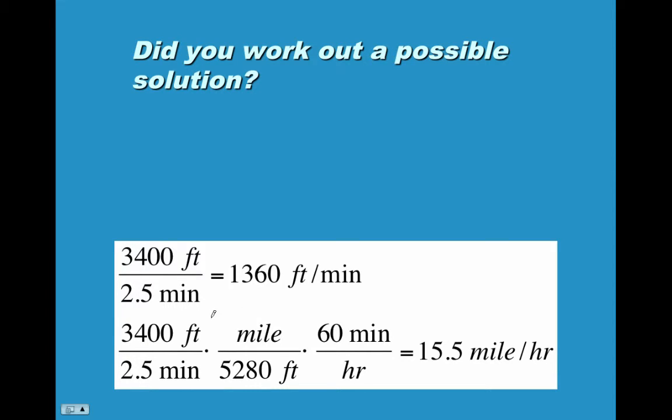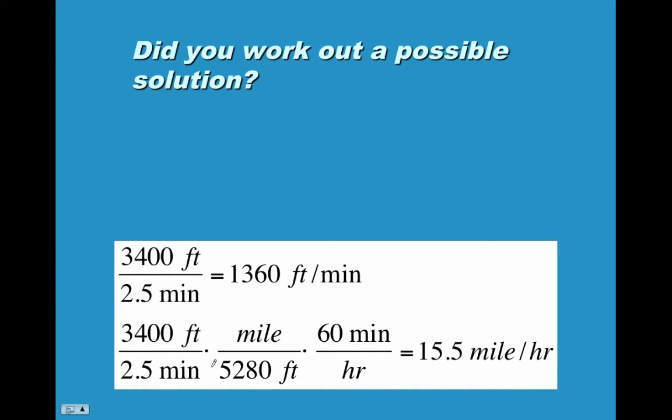Now let's talk about miles per hour, since that's something that we can more readily relate to. Again, here's 3,400 feet in 2.5 minutes. Now we're going to use a strategy called dimensional analysis here. We're going to convert feet per minute to miles per hour. The idea is to use conversion factors to cancel out the units we don't want and get the ones we do.